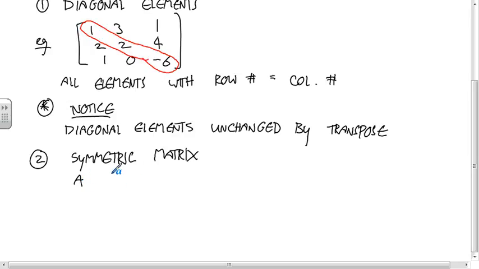A symmetric matrix is a matrix M where M is equal to M transpose. So any square matrix whose transpose is equal to itself, that's a symmetric matrix. That works out to look like this.